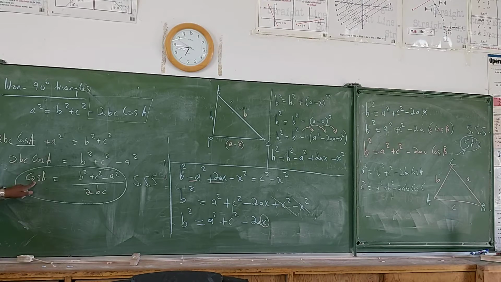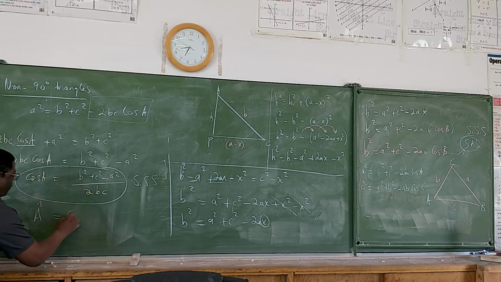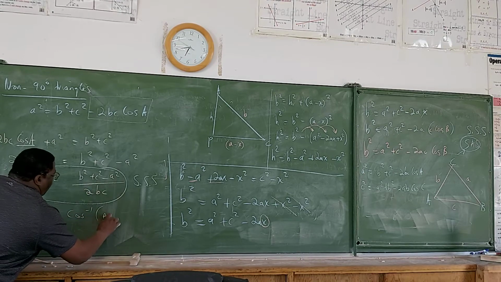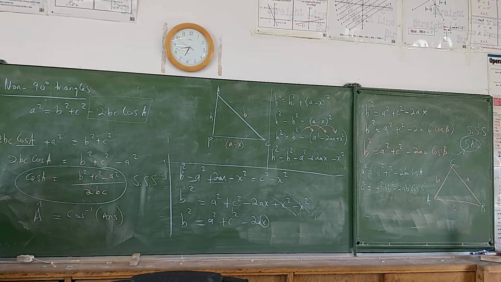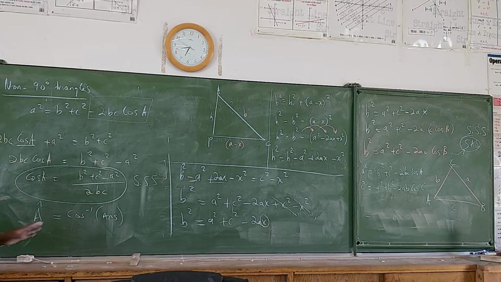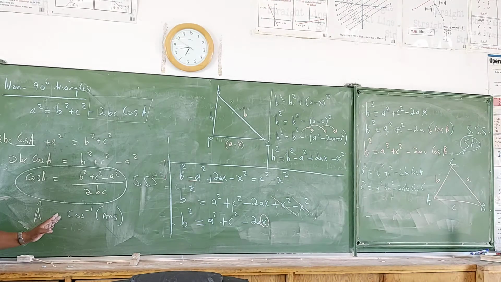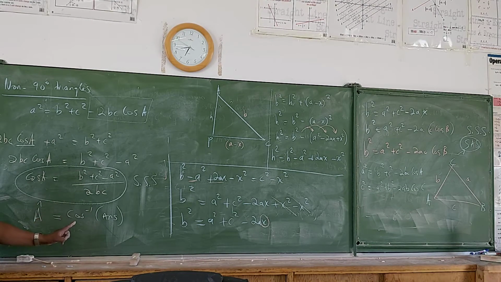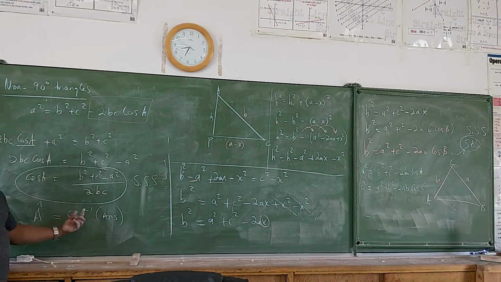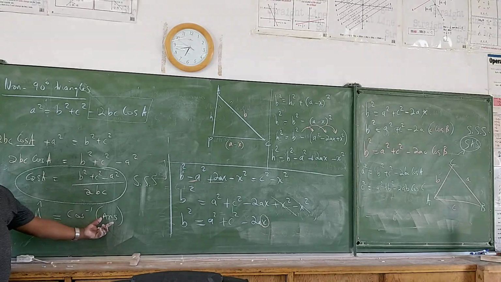But now remember, in order for you to find the angle, you must find the inverse cos of whatever your answer is after doing that. And here again, since we are dealing with radians, we have to make sure that our calculator is in radian mode. If you are dealing with degrees, you must make sure that it is in degree mode.